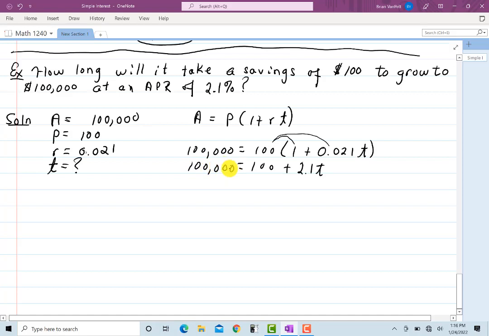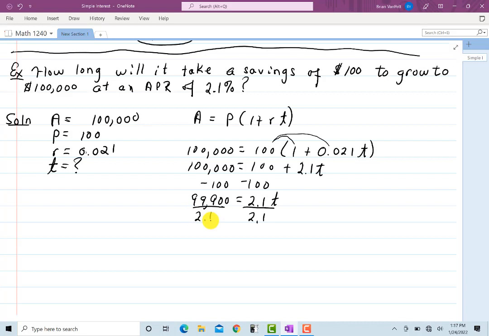Now, do your usual bit of algebra. I'll subtract 100 from both sides of this equation, and I'll get 99,900 will equal 2.1 t. If I want to figure out what t is, then I'll divide both sides by 2.1.